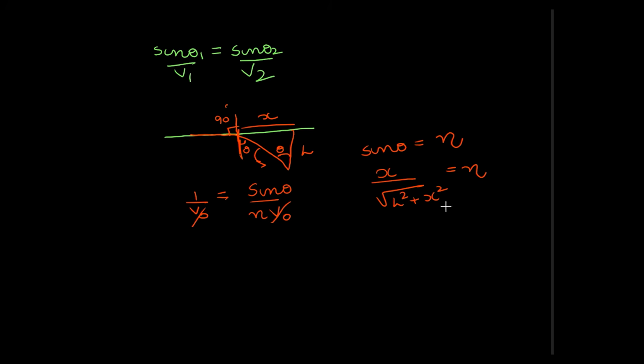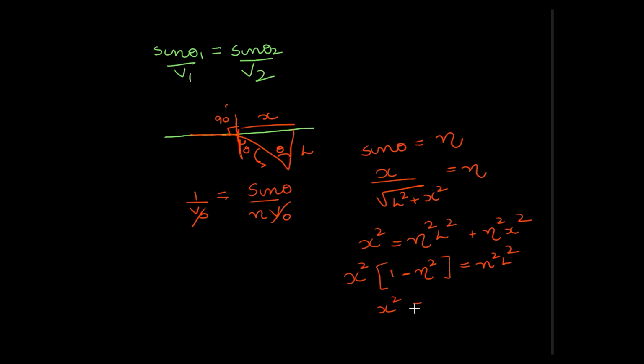Now what will you do? Square this. x square is equal to eta square into L square plus eta square into x square. So if you take this, x square times (1 minus eta square) is equal to eta square L square. So now x square is equal to eta square L square by 1 minus eta square.